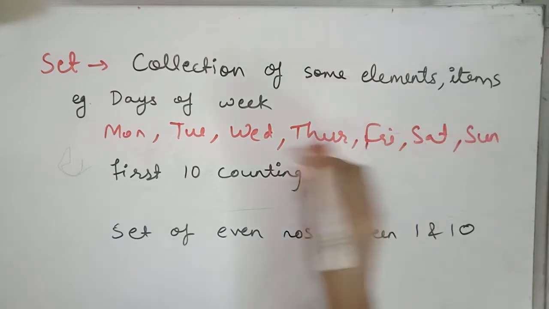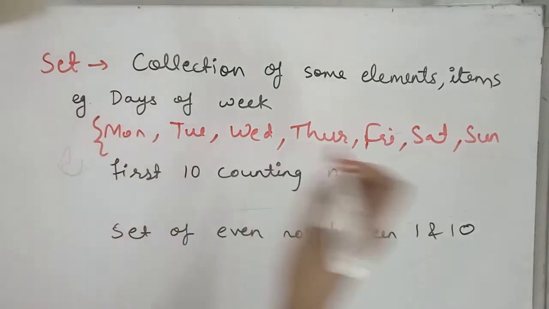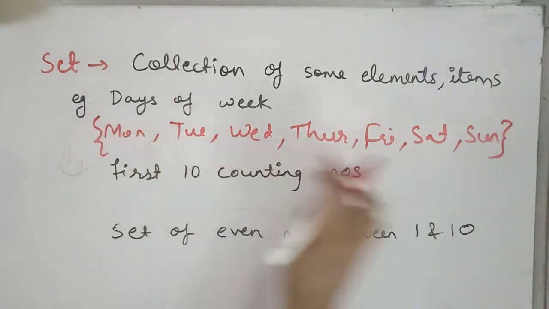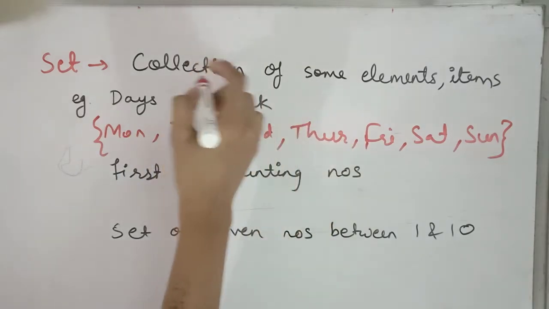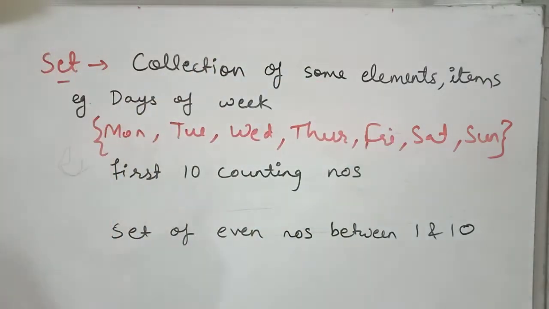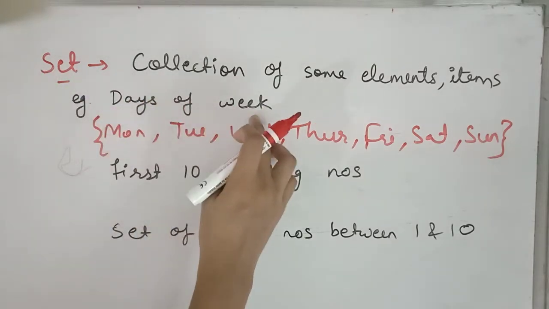So there are total 7 days of week. The collection of these days is known as set. This is the set of days of week.